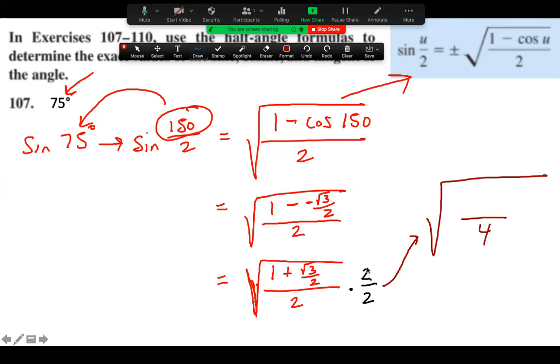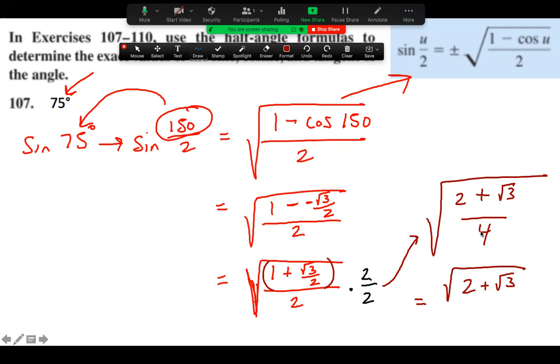Now I have to distribute this 2 to the whole numerator. So 2 times 1 is 2, plus 2 times root 3 over 2. It cancels out the divide by 2 since you're multiplying by 2, so you're left with just root 3. The final step is the numerator has to stay under the square root because it's not a perfect square.